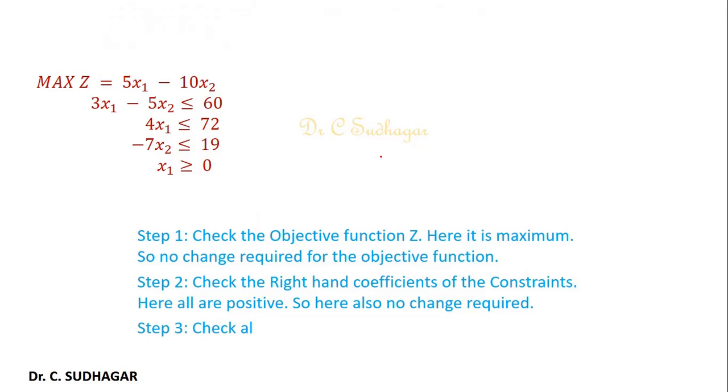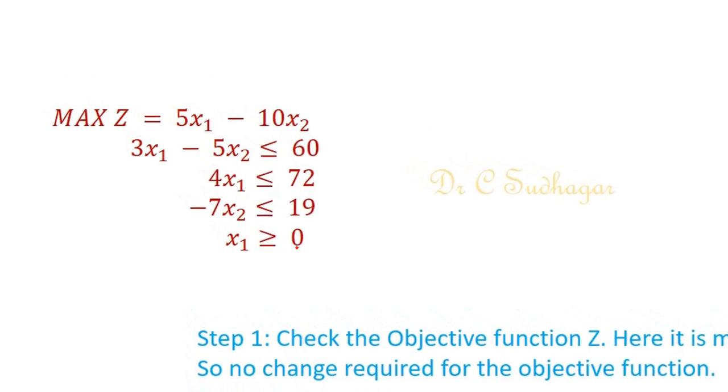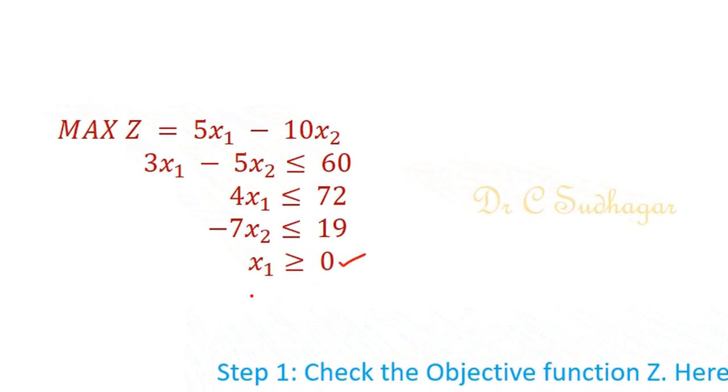Now let us check the third condition. What is the third condition? Check that all the variables are non-negative. In the question it is given that x1 is greater than or equal to 0, but they don't give any information for x2, which means x2 is unrestricted.